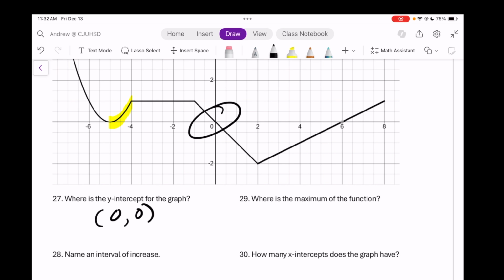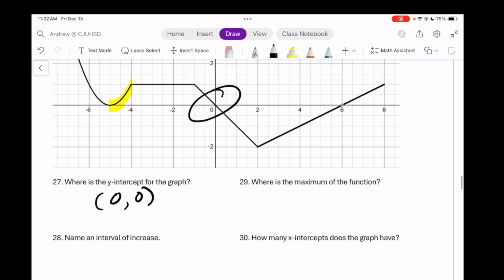So that's one possible answer. But you probably saw this other one out here. And that one goes from an x of 2 until 8.